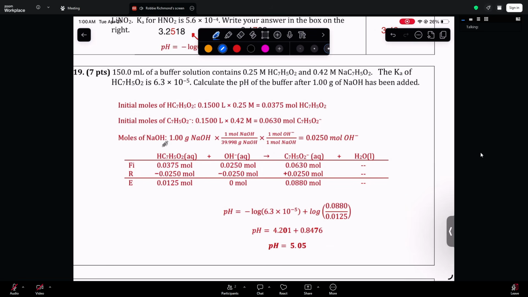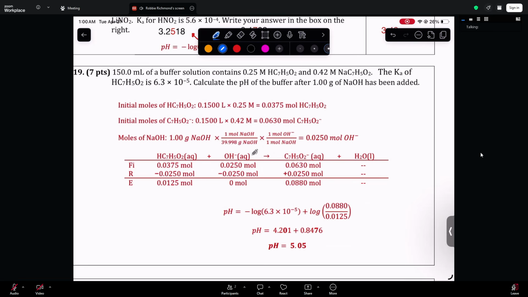And then for NaOH, what you need to do is first get the molar mass, which is just simply found on the periodic table, and the molar weight would be 39.998.